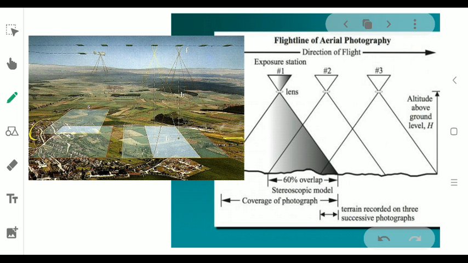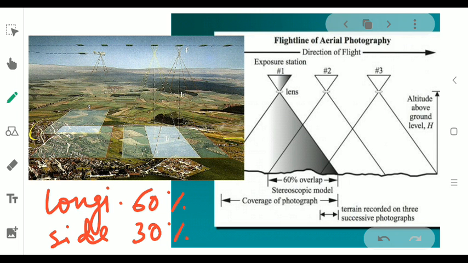Or since the edges may not be clear, so हम उसको अवॉइड करने के लिए उस एरिया को, सर्टेन एजेस को दोबारा से अगली फोटोग्राफ में भी ओवरलैप कराते हैं, so that we get the clear picture. So there are two types of overlap, longitudinal overlap and side overlap. So the value of longitudinal overlap is 60%, while the side overlap is around 30%.